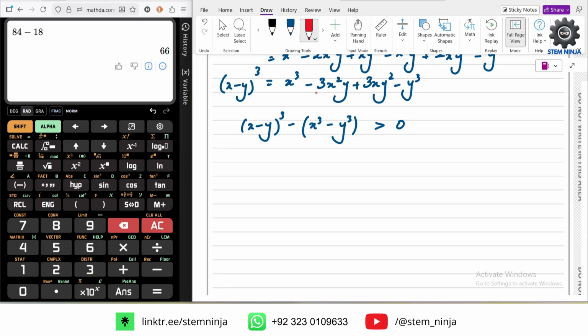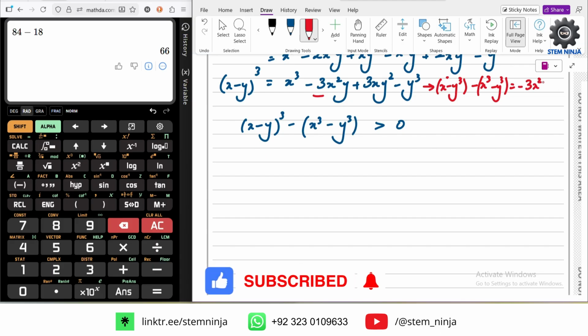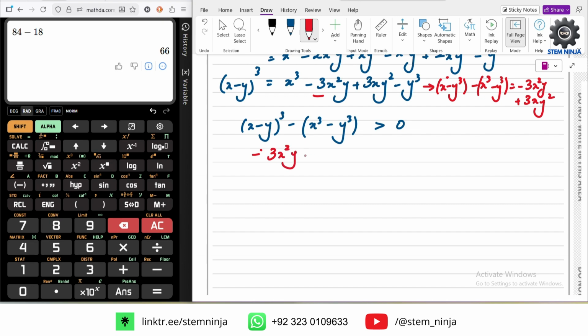So if you do this over here, x minus y cubed minus x cubed minus y cubed, you're left with minus 3x squared y plus 3xy squared. So they're saying basically that minus 3x squared y plus 3xy squared is greater than 0, right?